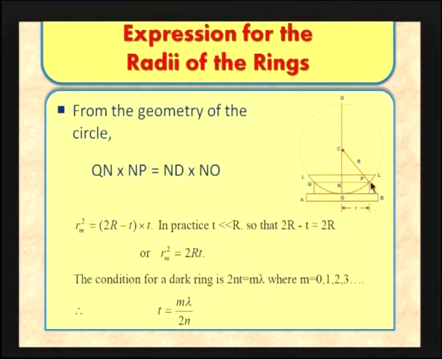At the point t, you have the lens sitting here. Here there is no air gap. The air gap keeps on increasing. Now, the thickness of the air film is t here. I am talking about this point, which is at a distance r from the center. There is a lens sitting on the glass plate. This is the point of contact.